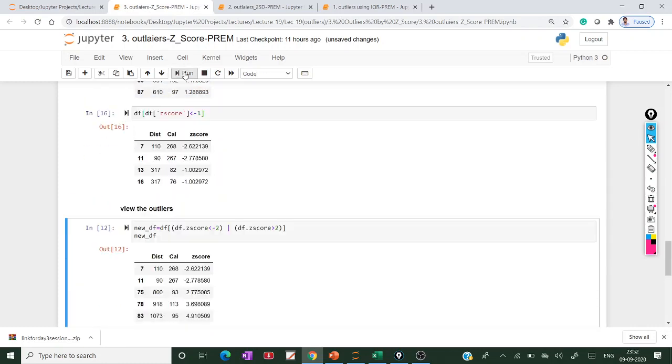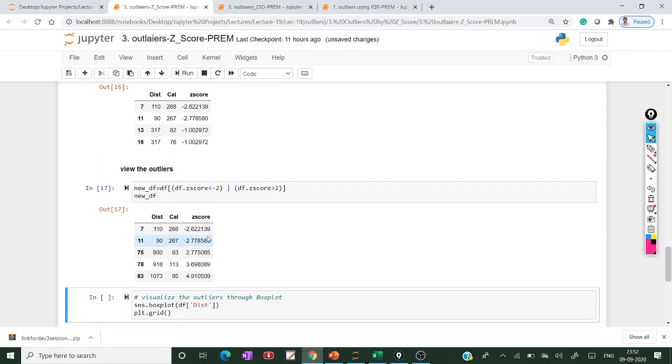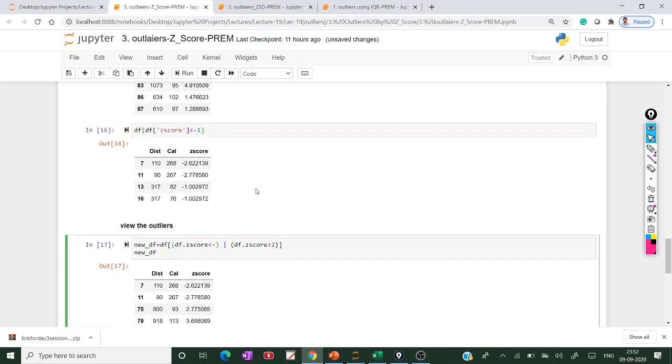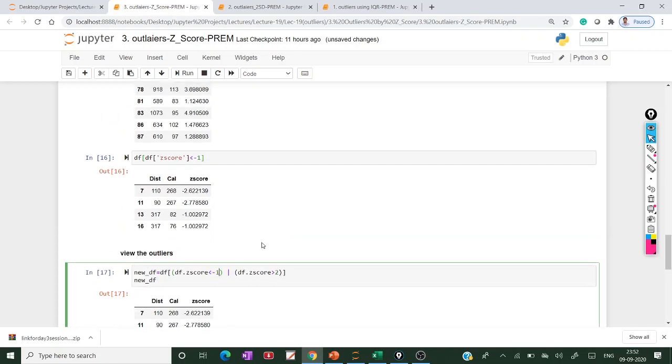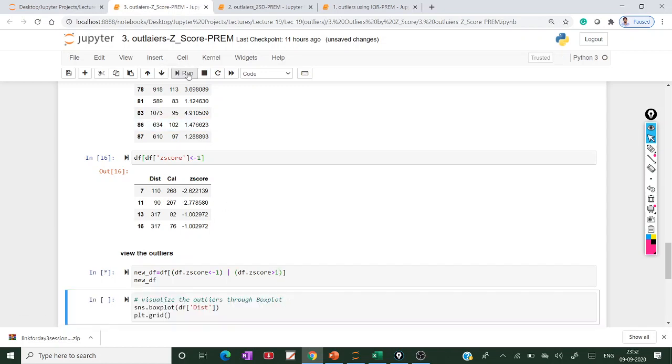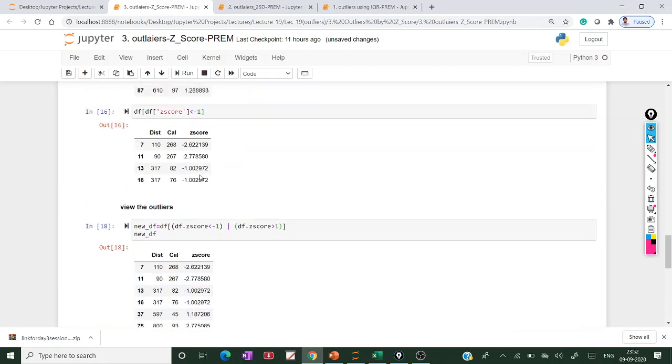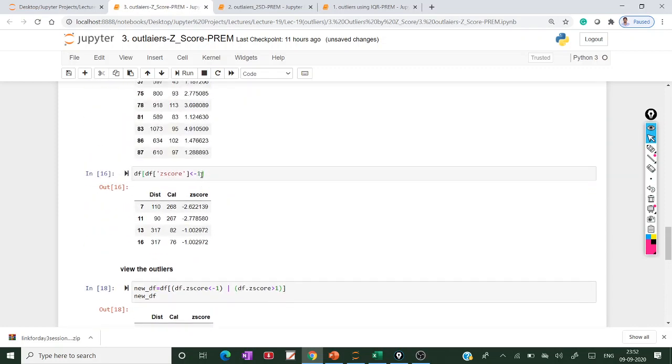These outliers are going to change: 7, 11, 13, 76. So these many outliers exist if the z score is greater than plus or minus 1.